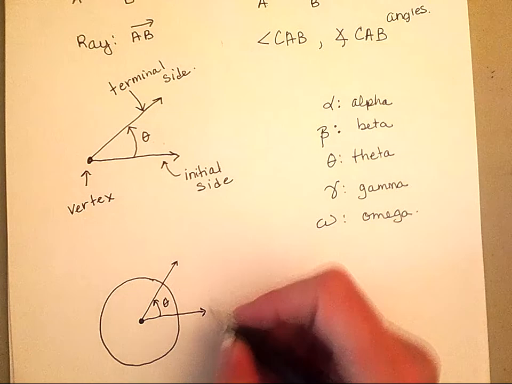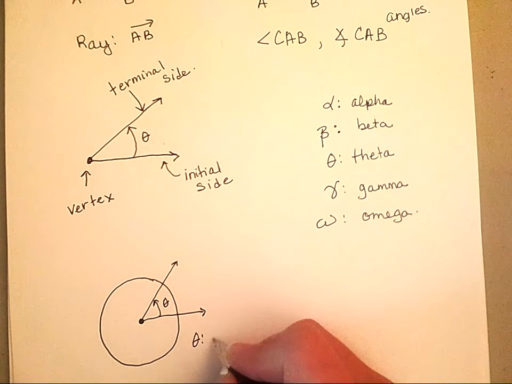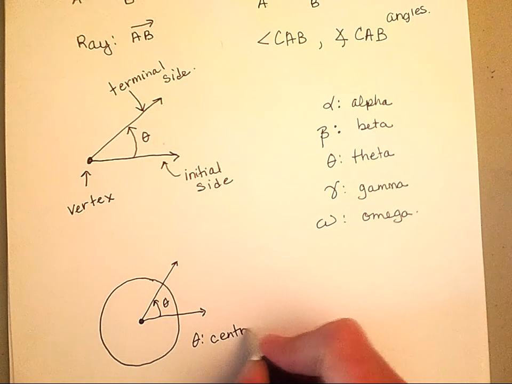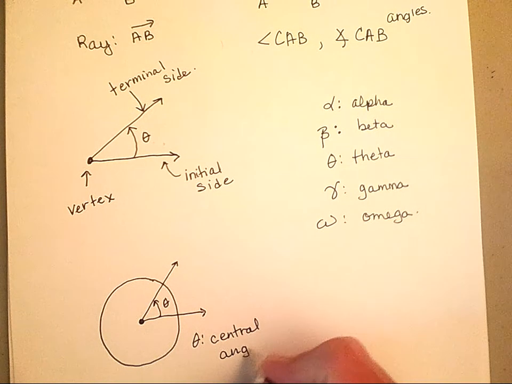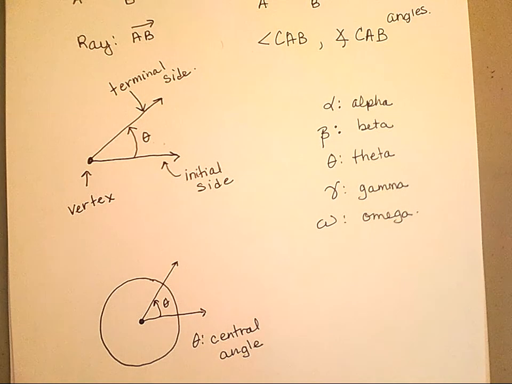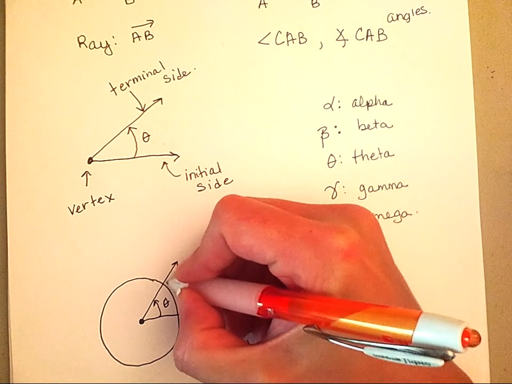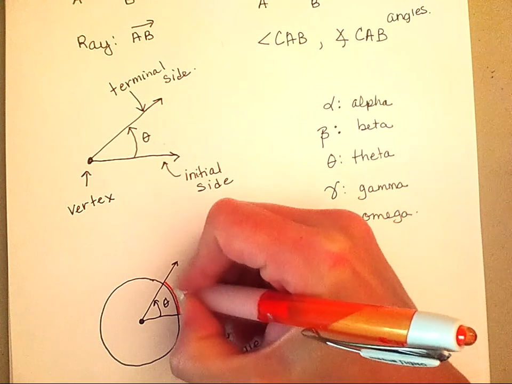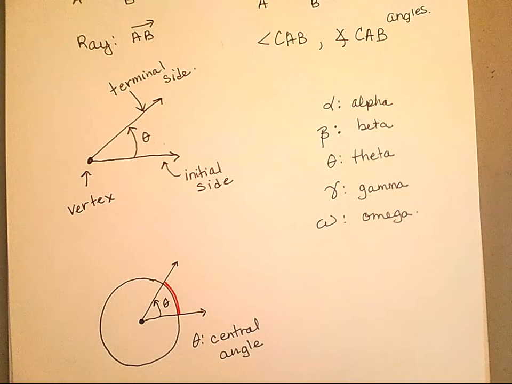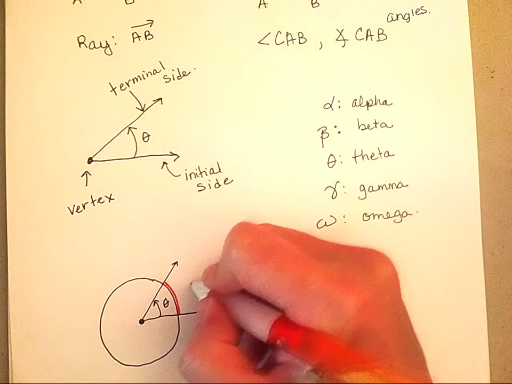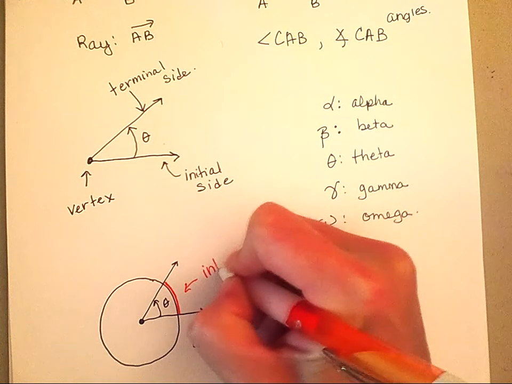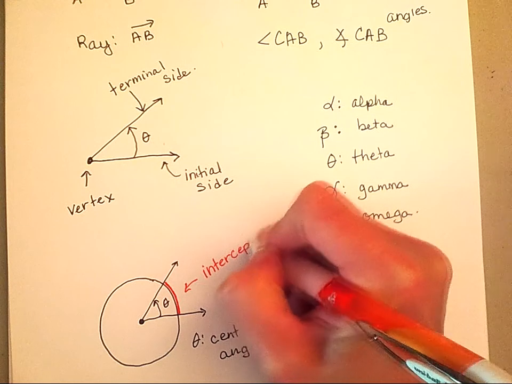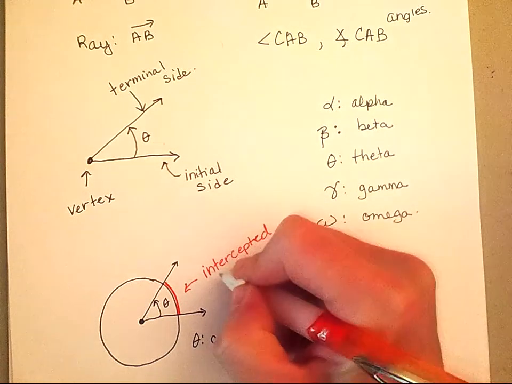This is what's going to be known as a central angle, because it starts at the center of the circle. But what will happen then is if you drew the rays out, there would be a certain portion of the circle that has been cut off, and this is called the intersected arc.